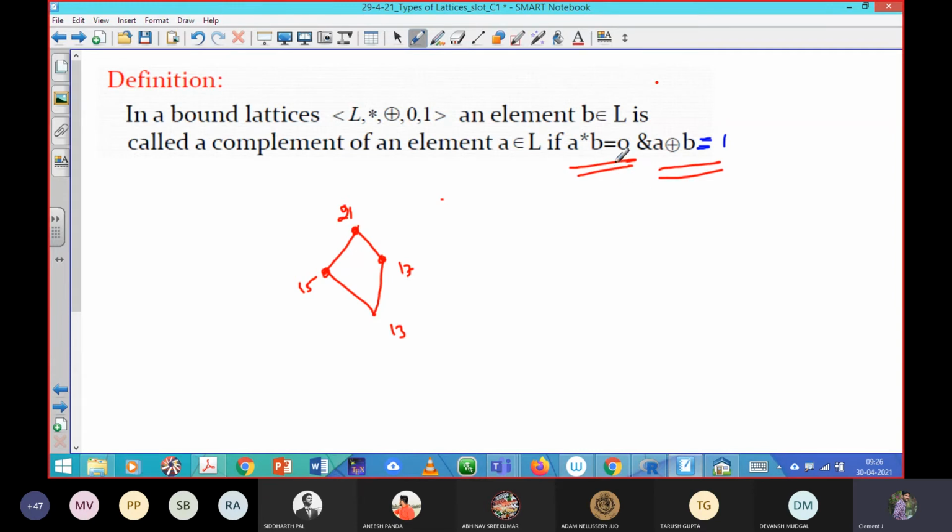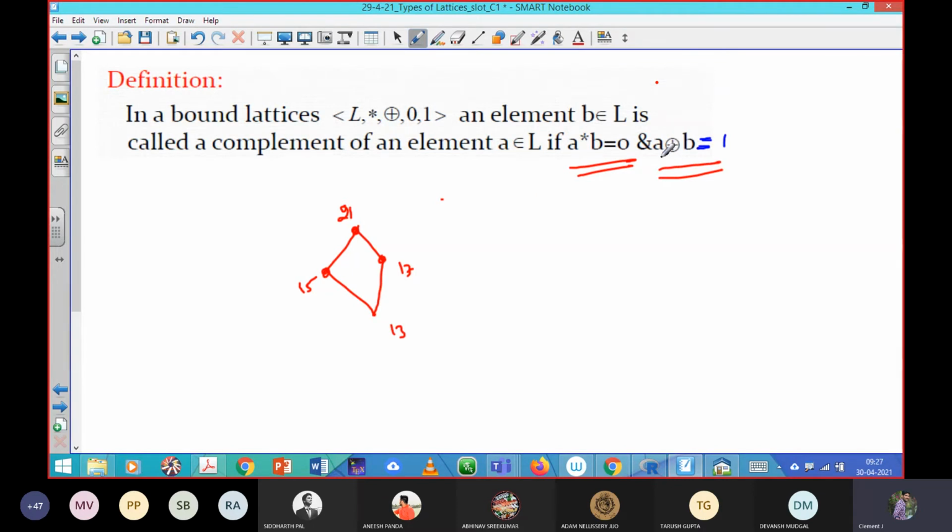Here can you guess what it tries to say? A star b equal to 0, a plus b equal to 1. Any guess? The GLB should be the lowest level, and the LUB should be the highest level. Very good. So whatever the Hasse diagram level may be, you should get the final answer as your lowermost value, that is 0.